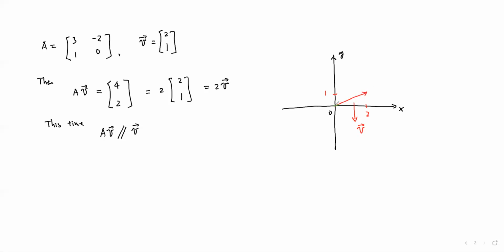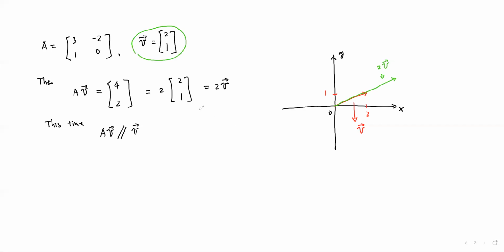Let me use a different color. So this is 2 times V. These two vectors are parallel, but this is a special vector.